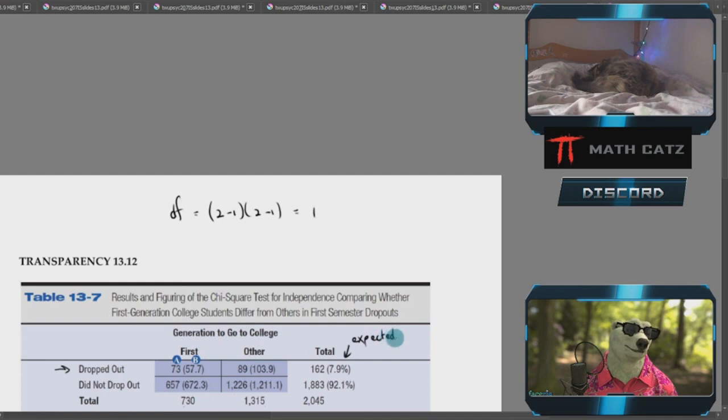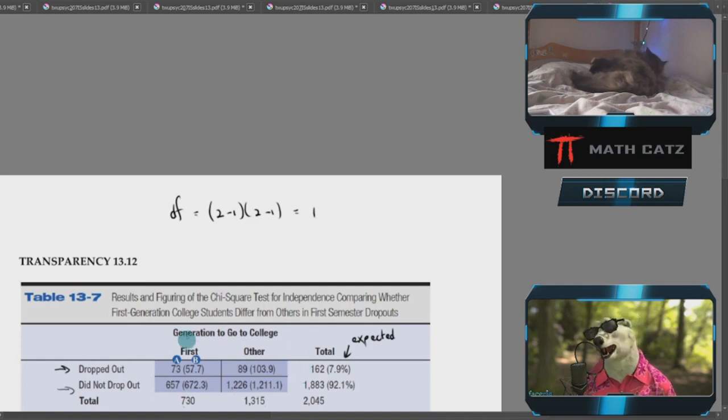So these are our expected percentages, if you will. I expect 92.1% of people to not drop out if I completely disregard the generation of going to college, first generation or not.